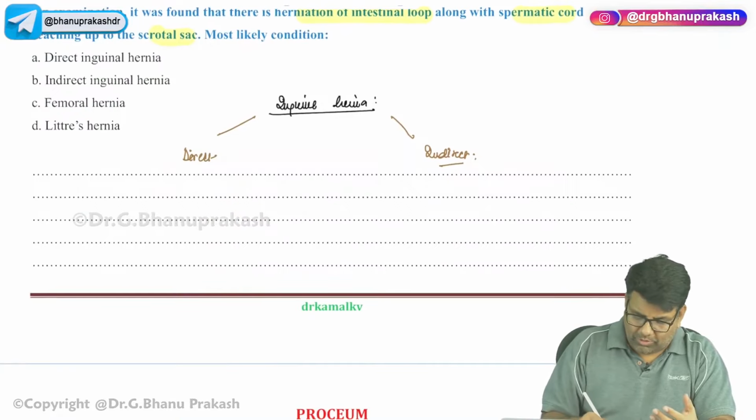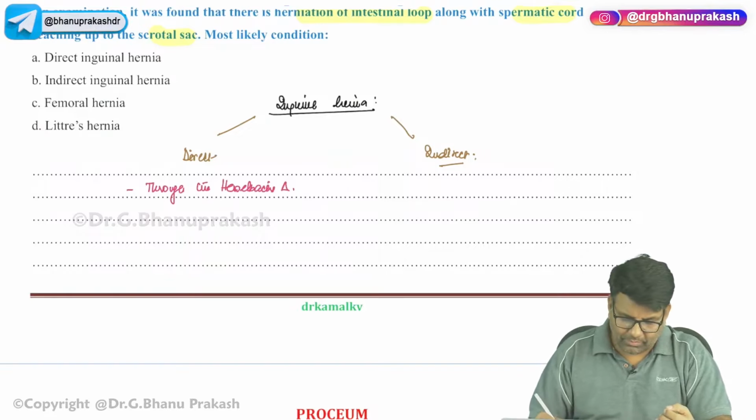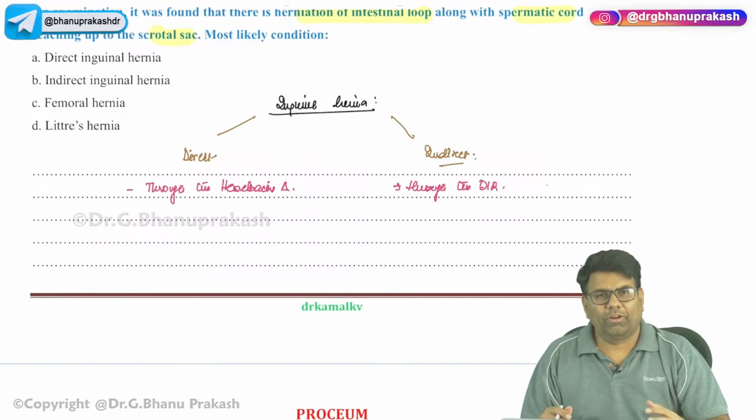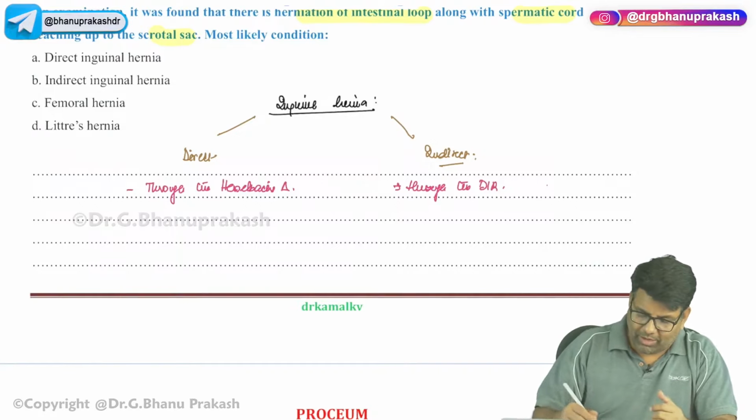The direct, as I told you, is through Hesselbach's triangle, whereas the indirect is through the deep inguinal ring. So the entry point for direct is through the posterior wall of the inguinal canal, and for indirect it is through the deep inguinal ring.